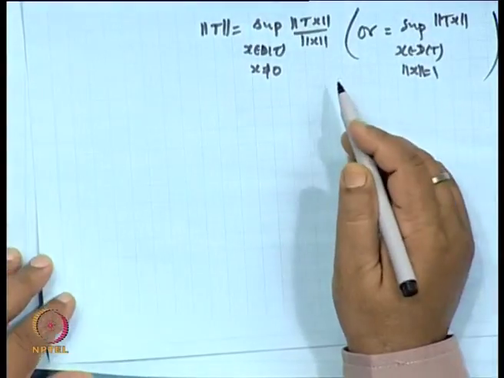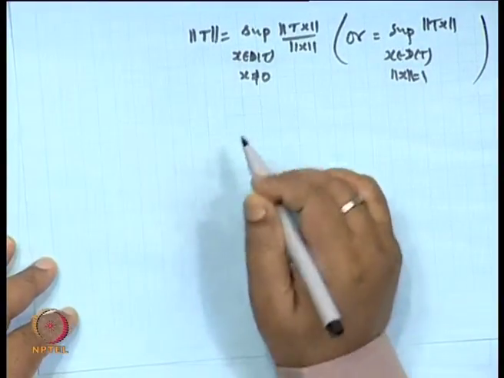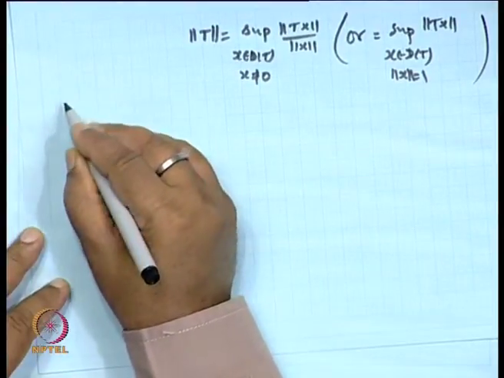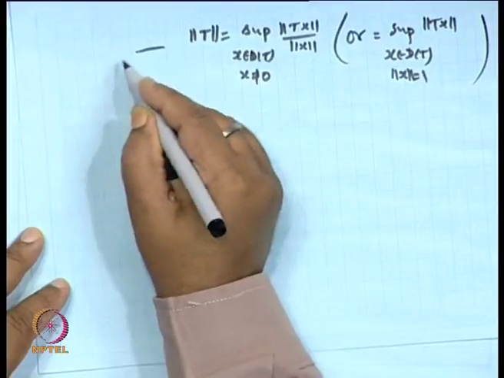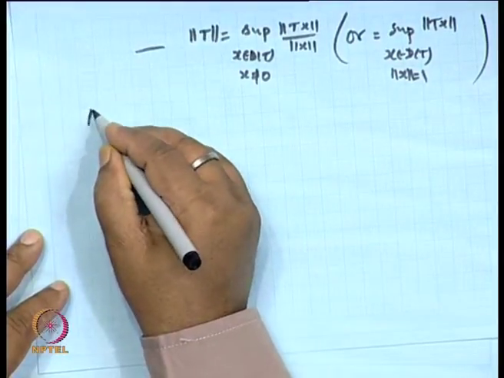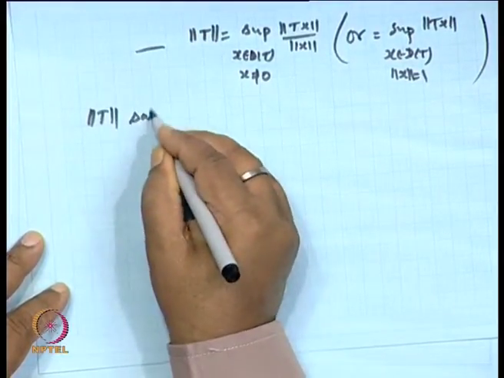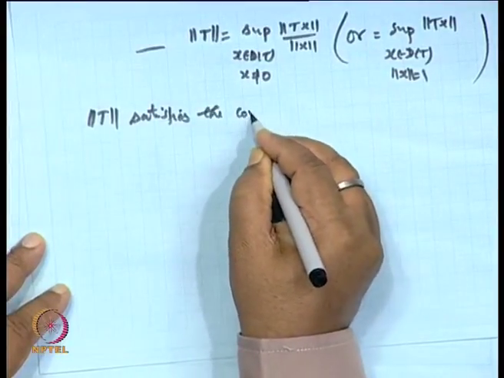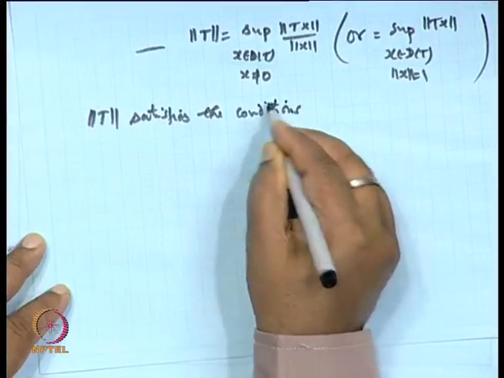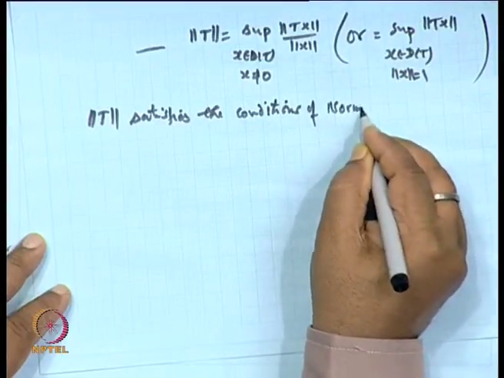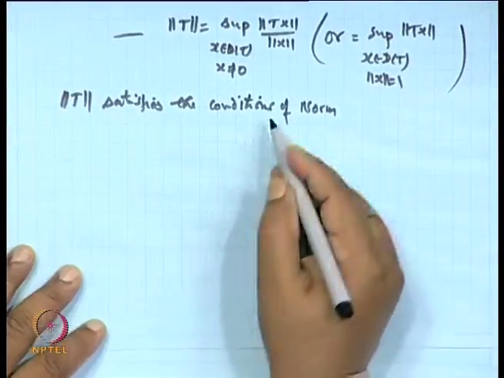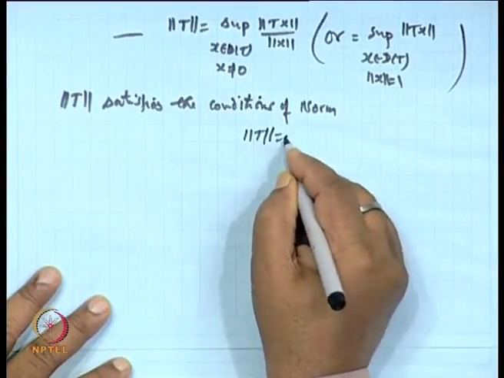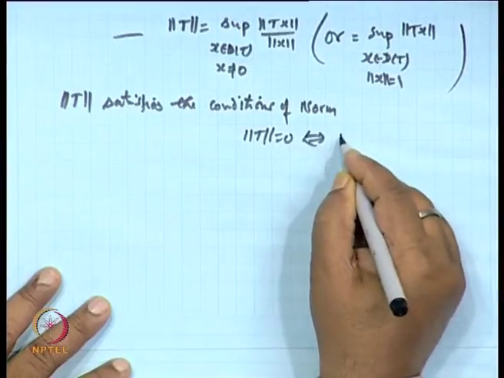Now, the question is whether this really satisfies the conditions of a norm. So, if we look at the conditions, the norm of T satisfies the conditions of a norm. Why? Because the first condition is obviously true: norm of T equal to 0 if and only if T equal to 0.